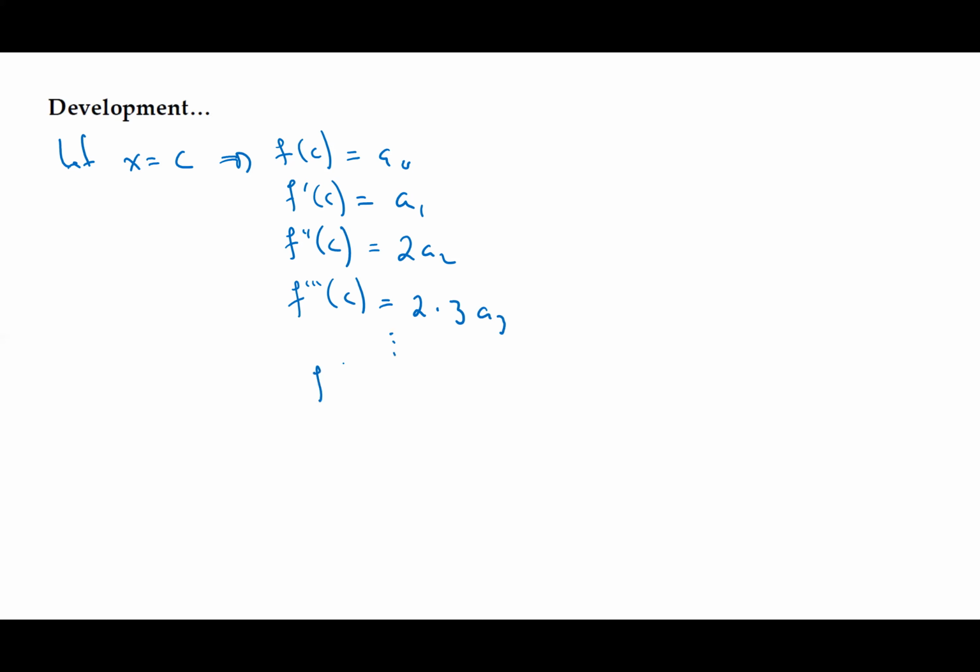And the kth derivative at c equals k factorial a_k, which gives me a formula for that kth coefficient.